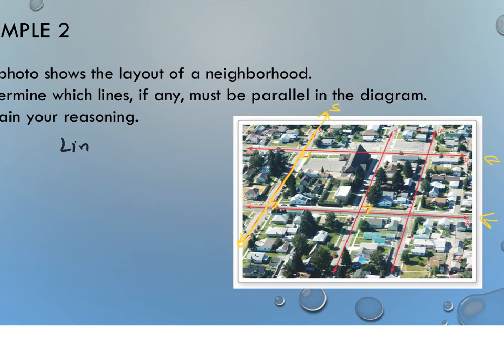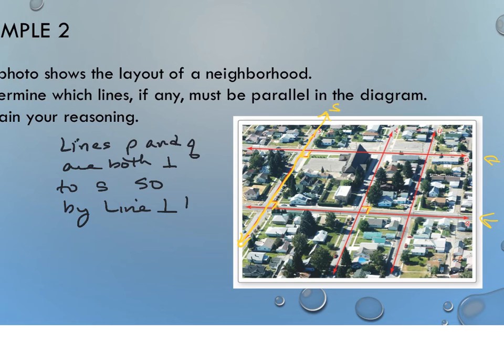Okay, so lines P and Q are both perpendicular to line S. So, by the lines perpendicular to a transversal theorem, P is parallel to Q.